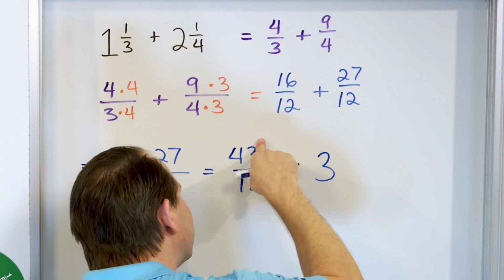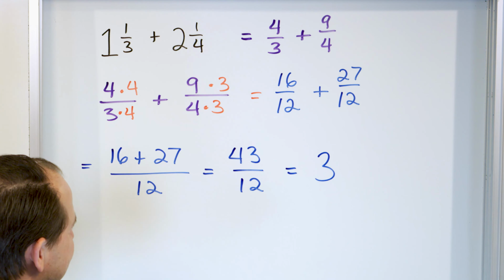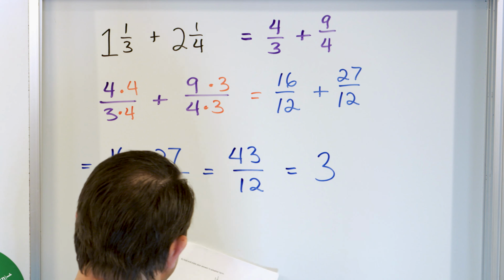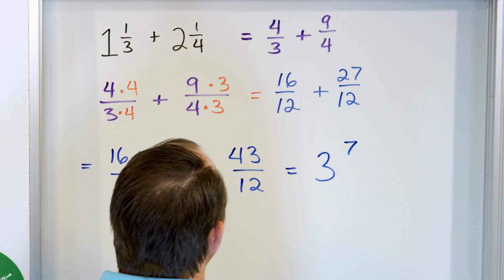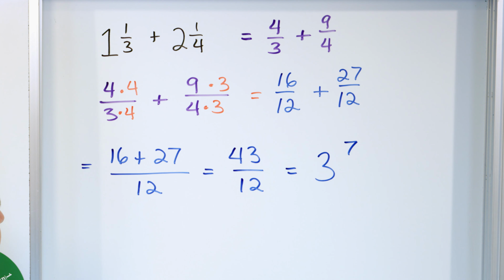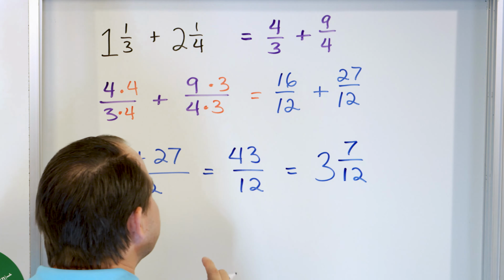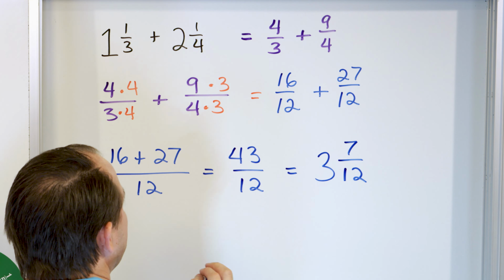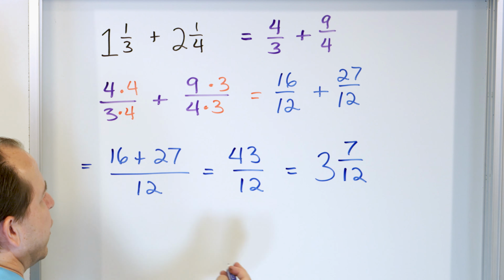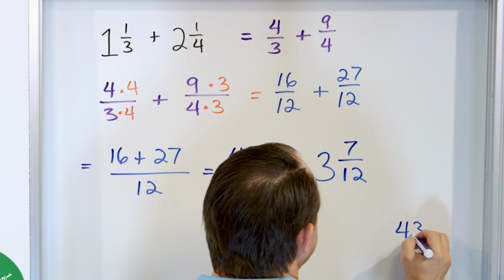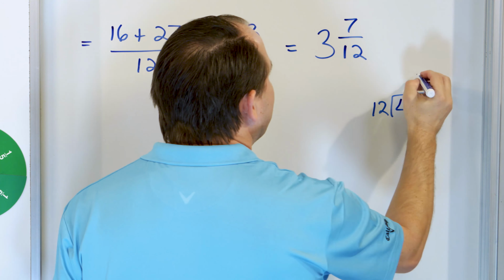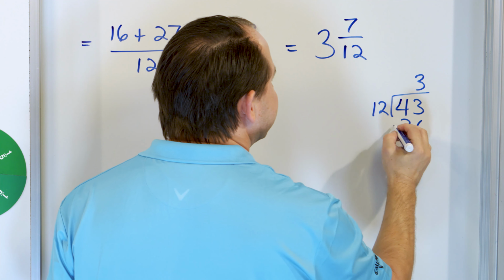When you take 43 and you subtract 36 from it, you're going to get 7. 43 minus 36, you're going to get 7. And then it's out of 12. So essentially what you're doing is you're doing this long division here, right? I guess we could go off to the side and do 43 divided by 12. We're saying that 12 times 3 is 36, right?